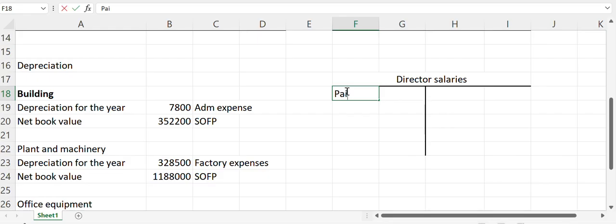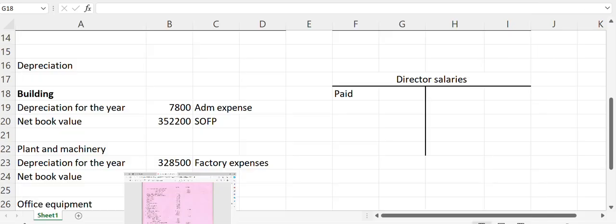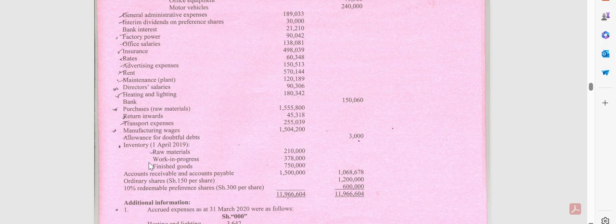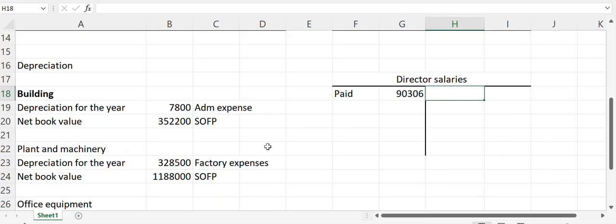So we have the paid here in the trial balance, which is 90,306. But this figure includes, go back to the additional information, so director salaries include 20,000 paid to production directors. So we are going to less for production directors. Why?